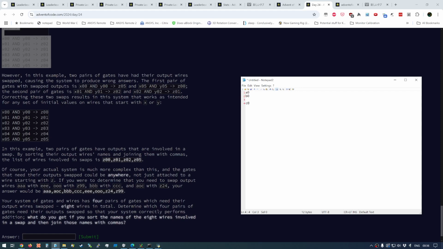So C0, being the output, is A exclusive or B. I can compute a little string for each. The C0 carry equals A and B.